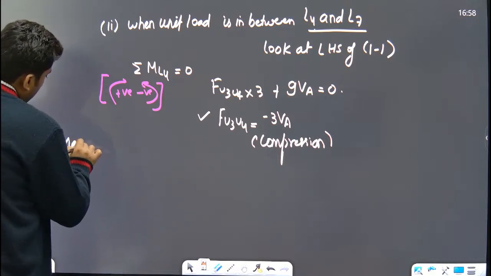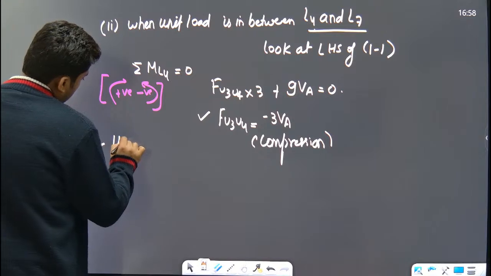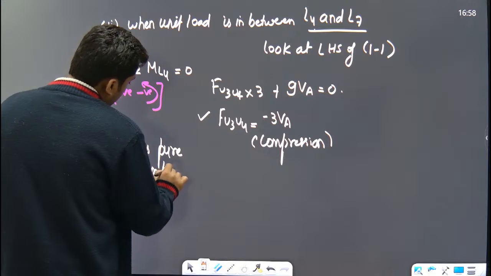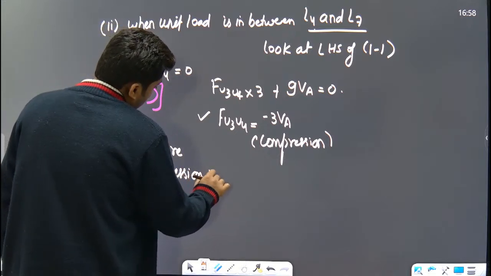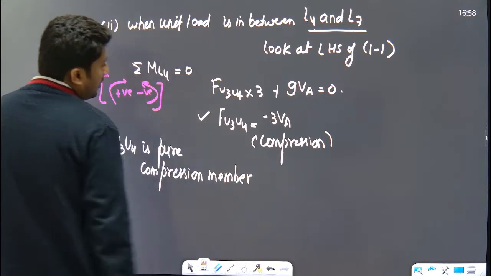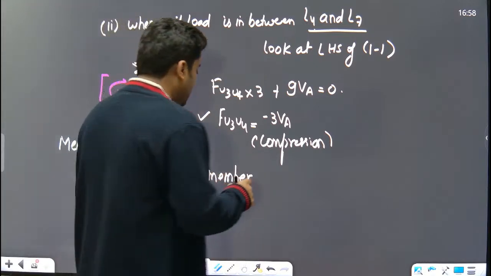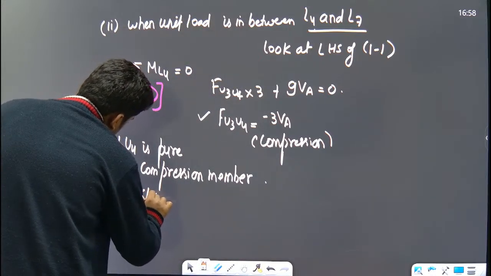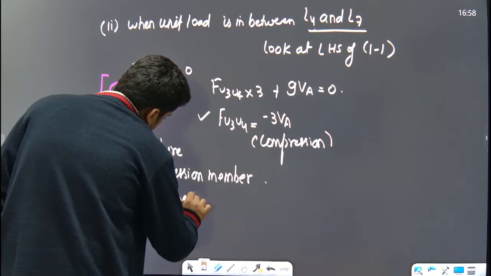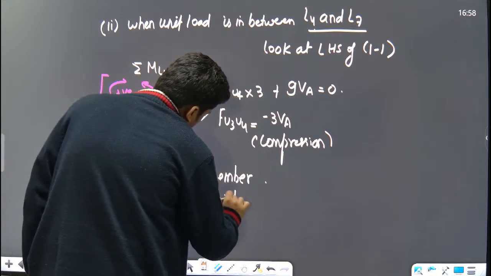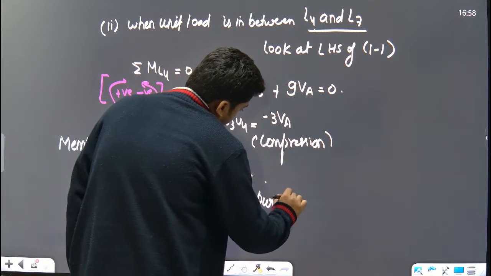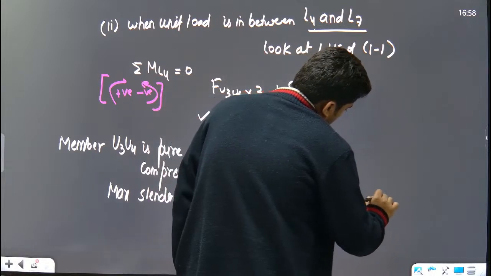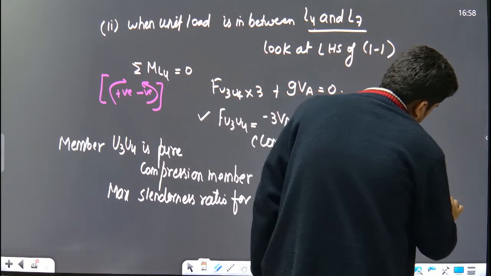Member U3 U4 is a pure compression member. Whatsoever be the position of unit load, there will always be a compression force in this member. Maximum slenderness ratio for a pure compression member is 300.